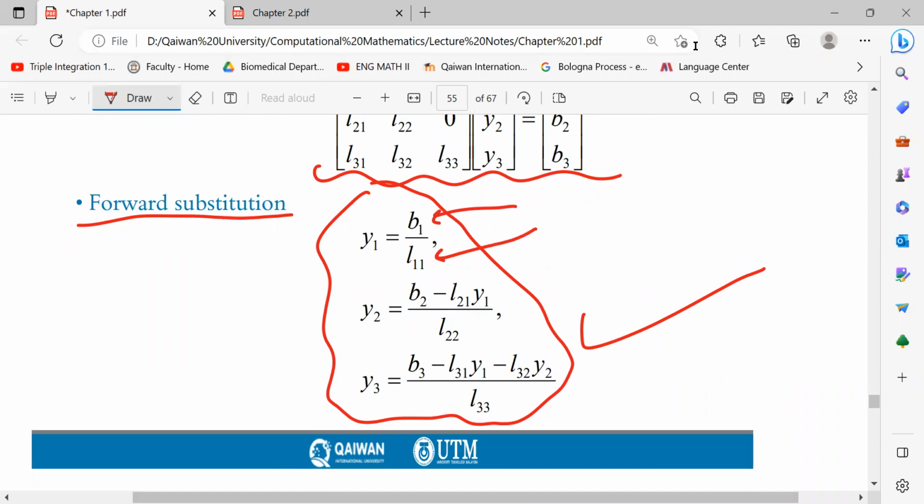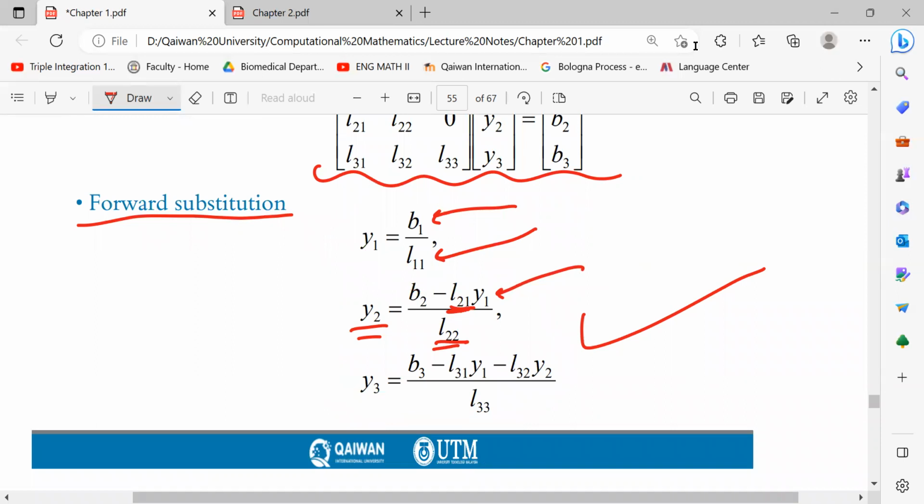We already found L11, and B1 is given, so we can get Y1. And for Y2, B2 is given, L21 and L22 we found, and Y1 we found in the previous step. So we get Y2 and Y3.